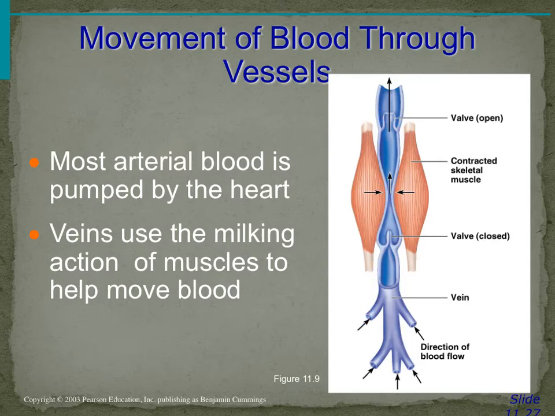And again, you can see those valves, so the blood gets squished up, and then it can't go back down. So a little bit of a different structure in the veins because they have to do a little bit more of the work to get blood back up to the heart.